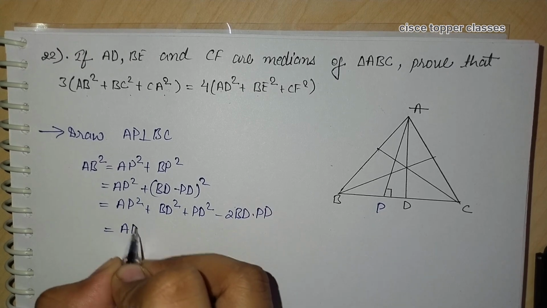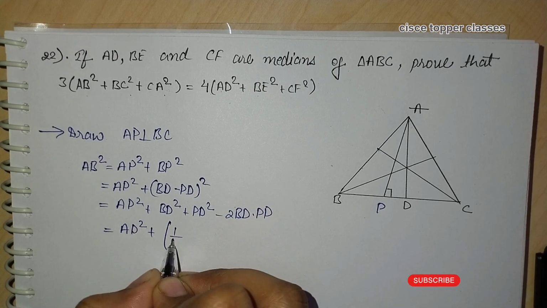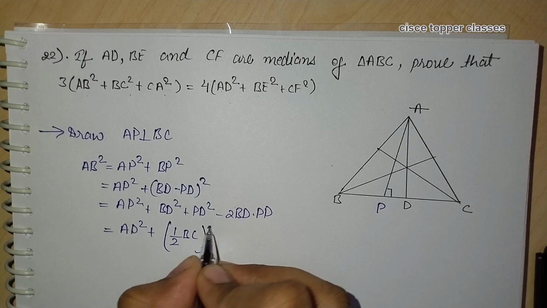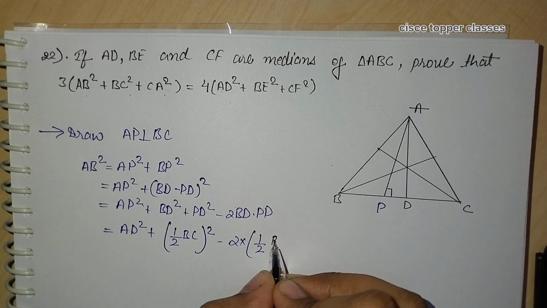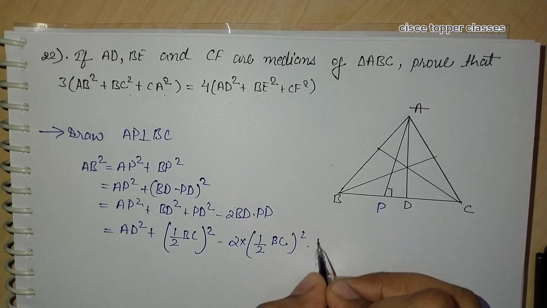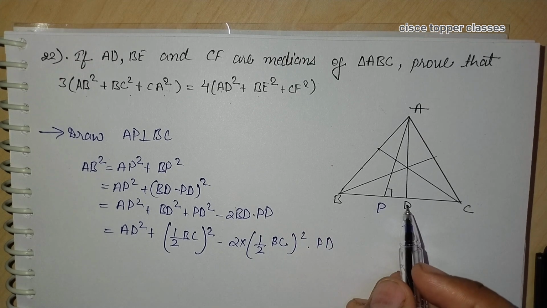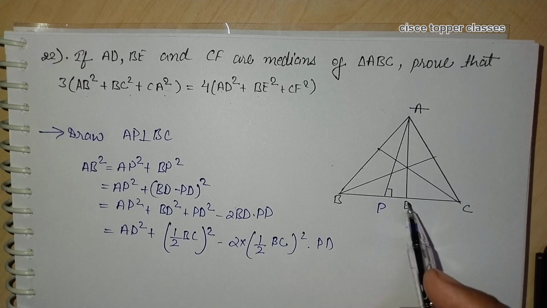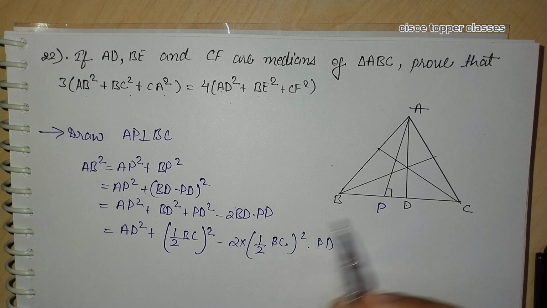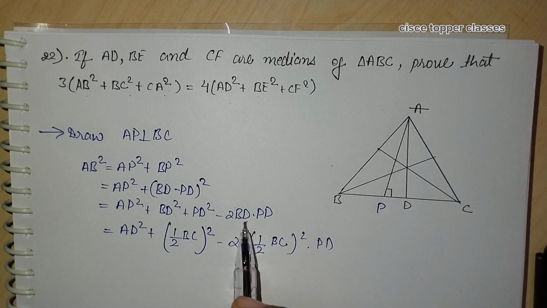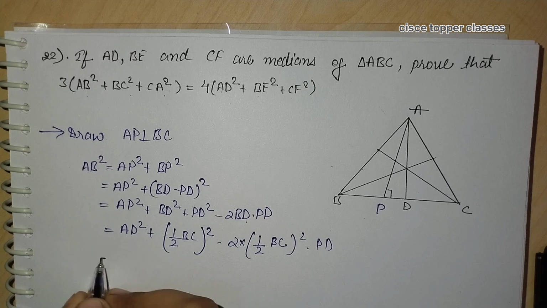Since D is the median point, BD is equal to DC. So we can write BD as half of BC, and this BD also half of BC.